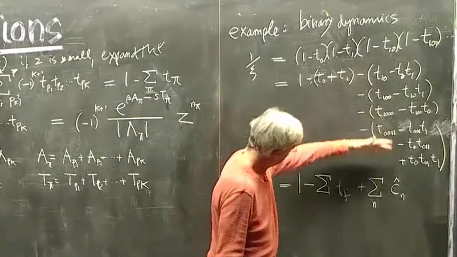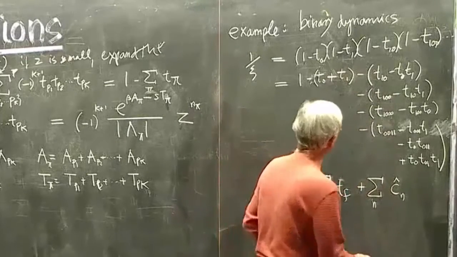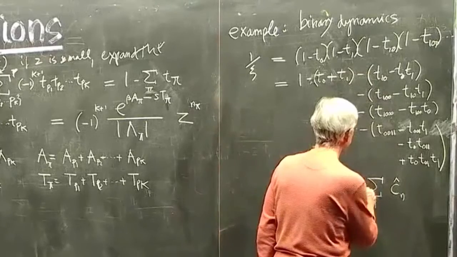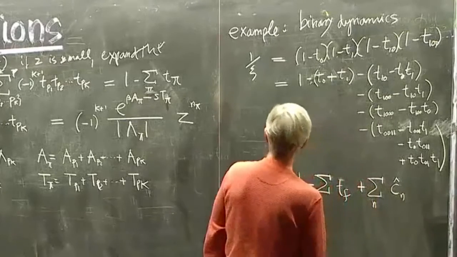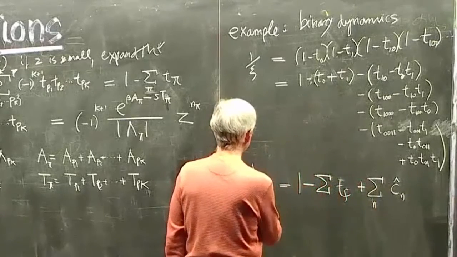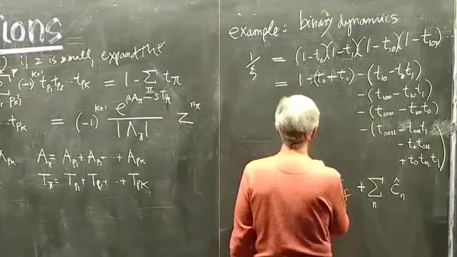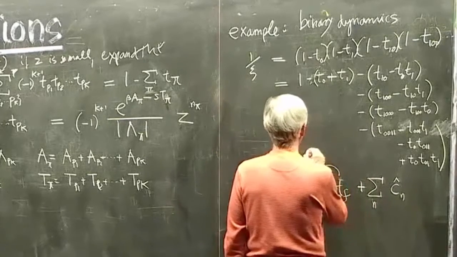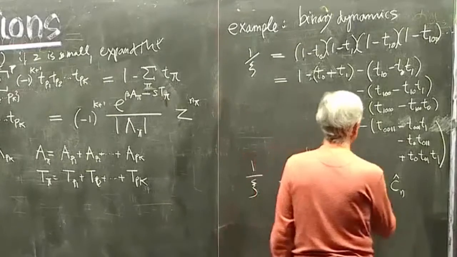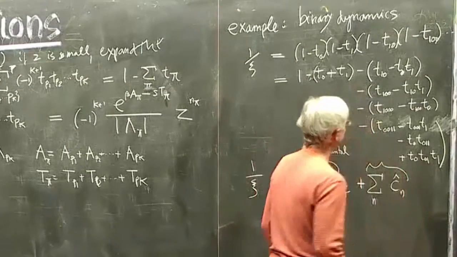But the rest organizes into combinations of these shorter ones. So there is always a splitting, when you have finite grammar, into a fundamental part and corrections which I'll call curvatures.